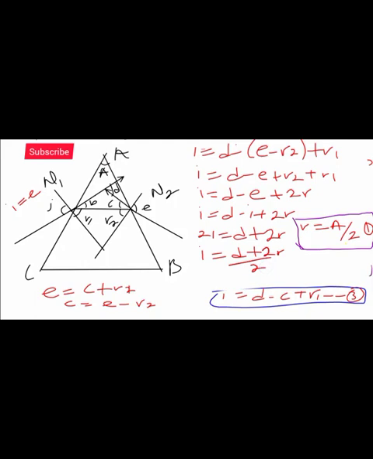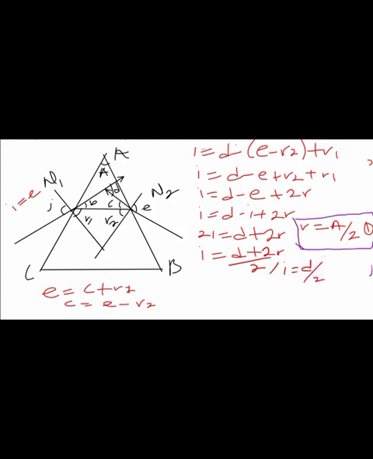So from here, we have that I is equal to D over 2 plus R. And let us recall that from our equation 1, R is equal to A over 2. So from there, we have that I is equal to D over 2 plus A over 2.